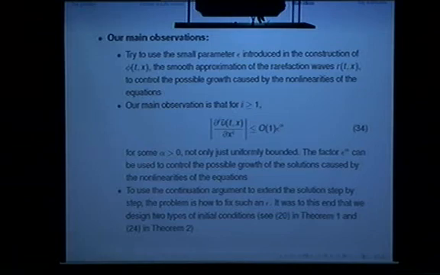This has a factor epsilon to the power alpha, where alpha is some positive constant. So if we can show this, we can use this factor epsilon to the power alpha to control the possible growth of the solutions.